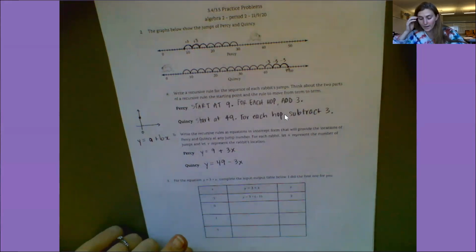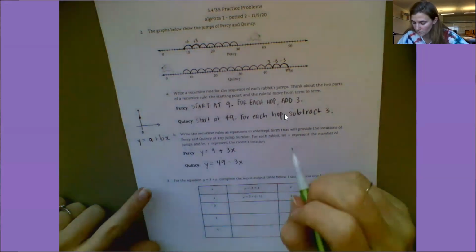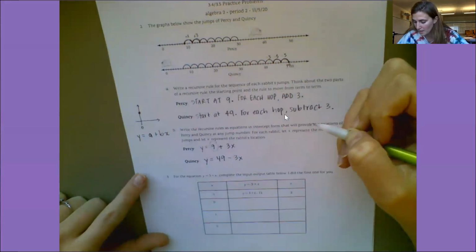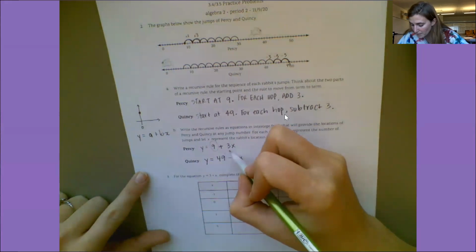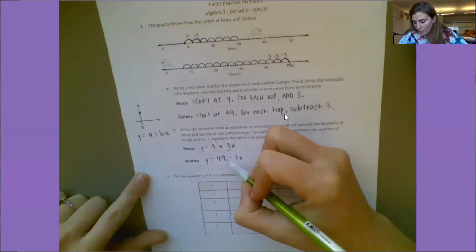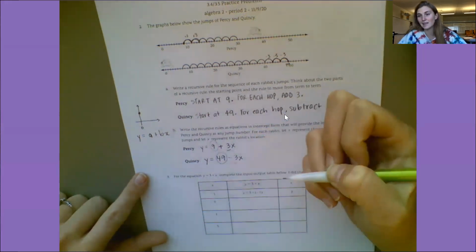Just real quick, let's point out the y-intercept and the slope of those two equations. The y-intercept for Percy is going to be 9, and the slope would be positive 3. And then for Quincy, our y-intercept would be 49, and our slope here would be negative 3.